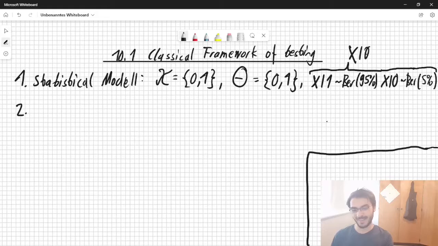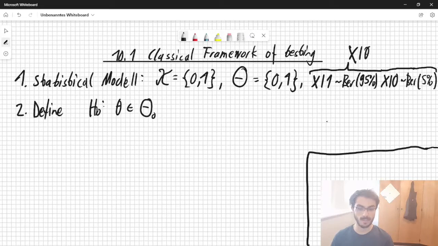So, after we have our statistical model, this is when we define the statement which we want to analyze. So we define H0. In our case, H0, the null hypothesis is that the person is not sick, so that theta is equal to 0. Generally, how we write this is that theta is in some subset theta 0.